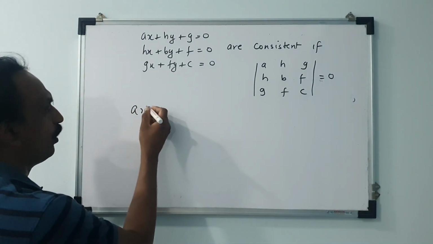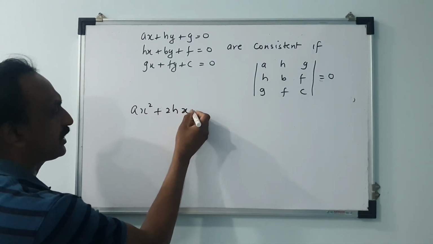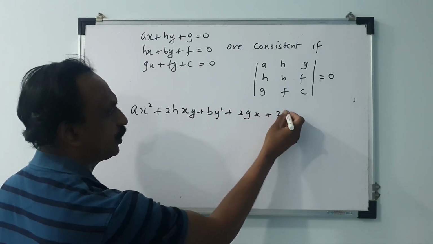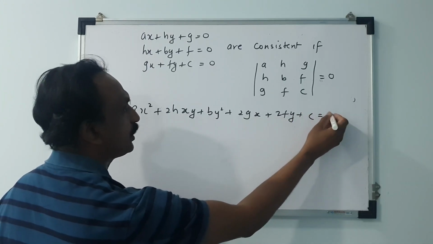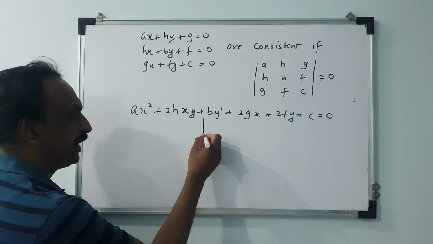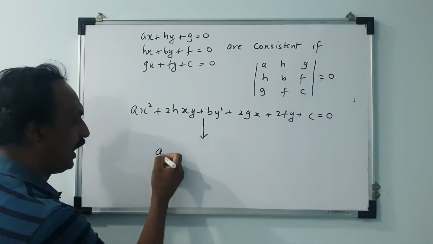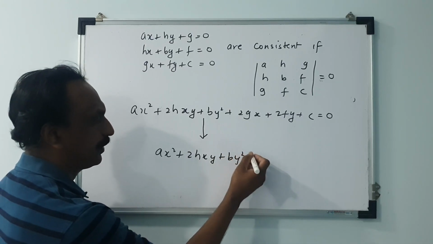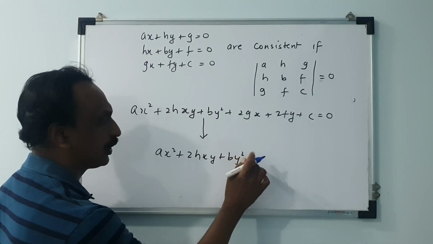So I can conclude like this. An equation of the form ax square plus 2hxy plus by square plus 2gx plus 2fy plus c equal to 0 will represent a pair of lines if this equation can be reduced to the form ax square plus 2hxy plus by square equal to 0.